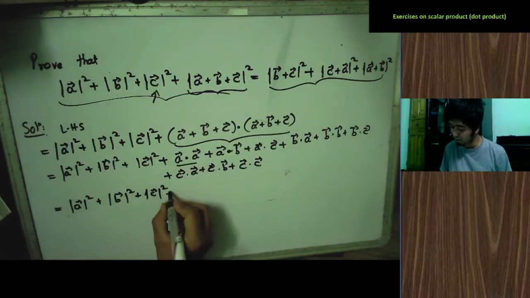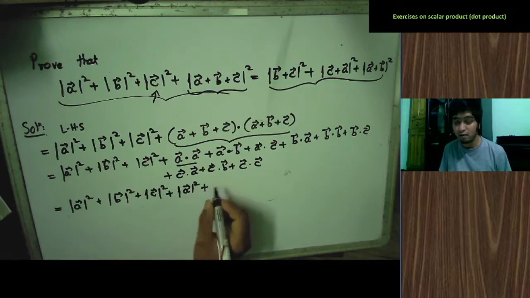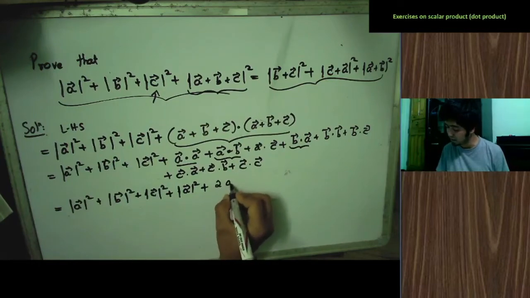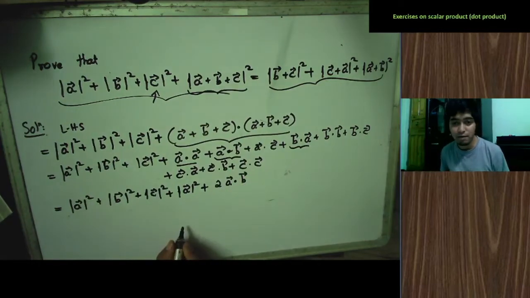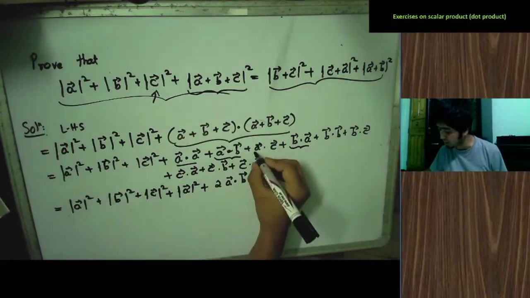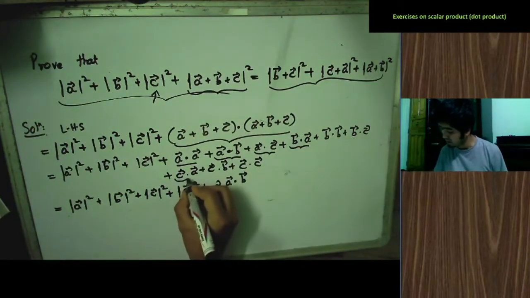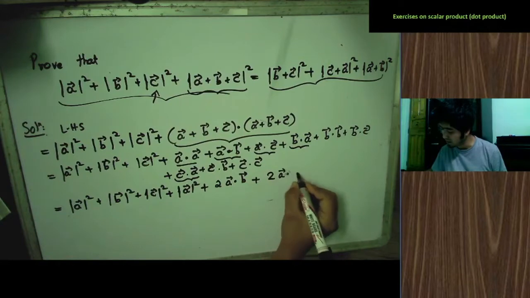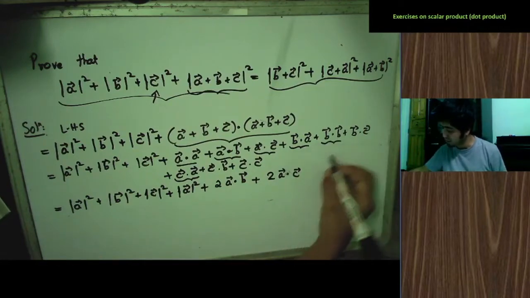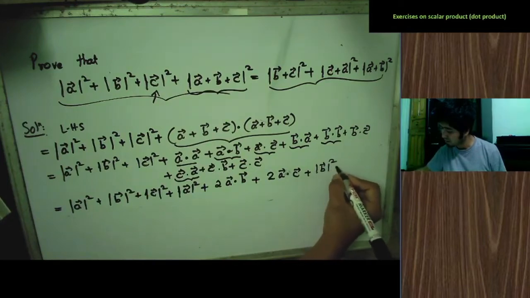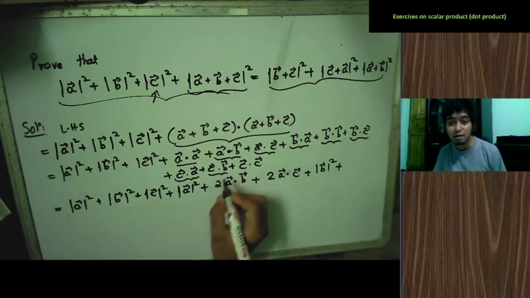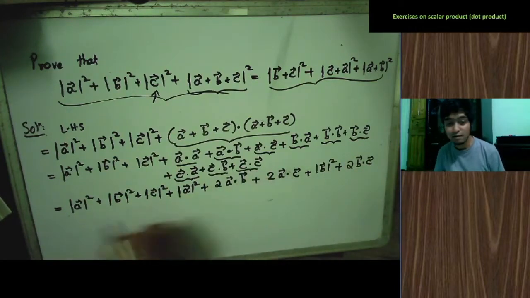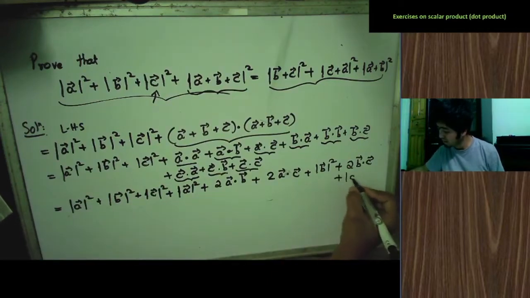a dot a will give you a square. a dot b and b dot a, you can write it as 2 times a dot b, because we can interchange the order because it is a scalar product. a dot c, and similarly we are having c dot a, so ultimately we will be having 2 times a dot c, and then we are having b dot b, so plus b square. b dot c and c dot b, we will be having 2 times b dot c, and this one will give you plus magnitude c square.